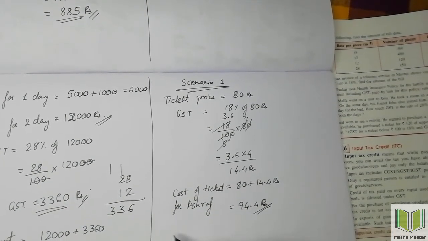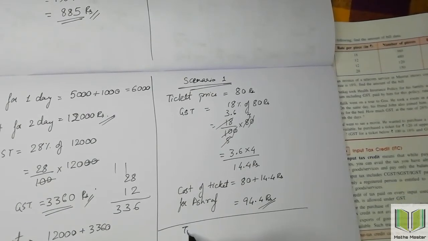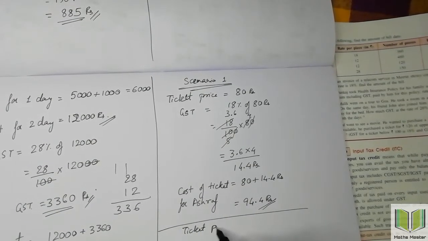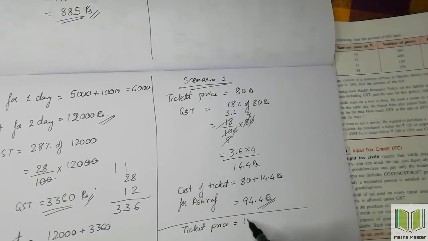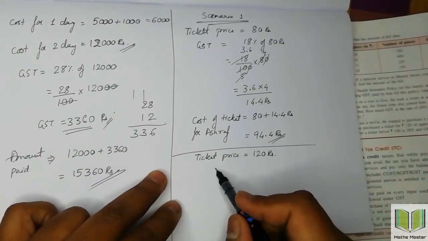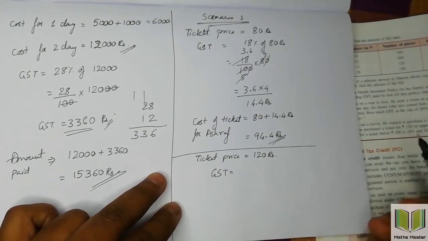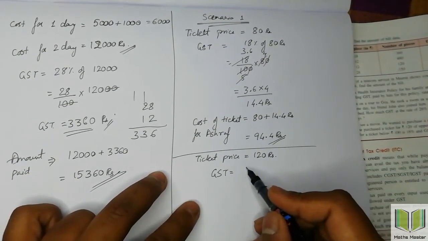But what he paid instead, ticket price was equal to 120 rupees. So for 120 rupees, GST will be equal to, they have said for above 100 rupees it is 28%.